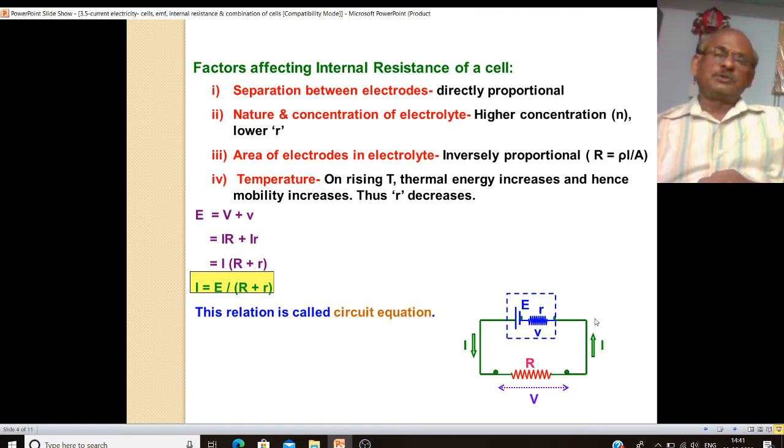R plus r is the total resistance of the circuit. So I equal to E by R plus r. This relation is called the circuit equation, and it is very similar to Ohm's law, V equal to IR, here with the total resistance.